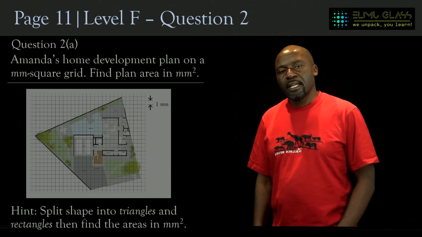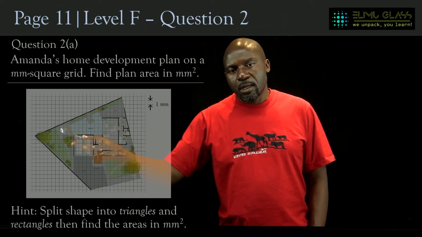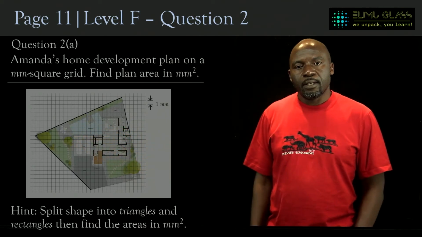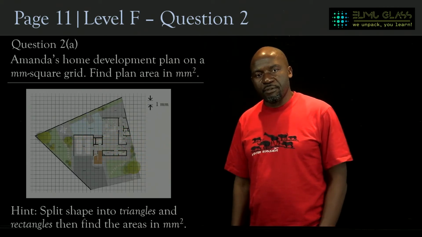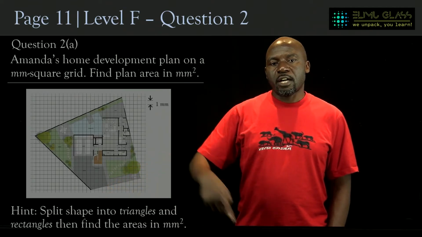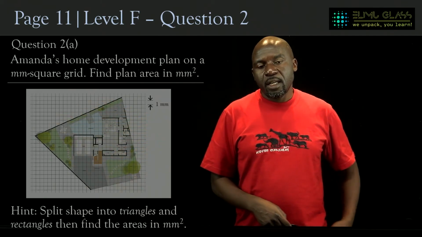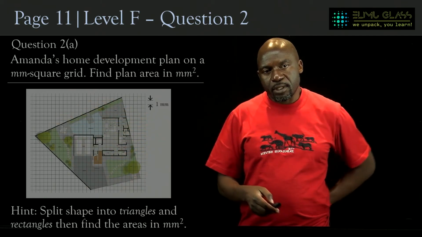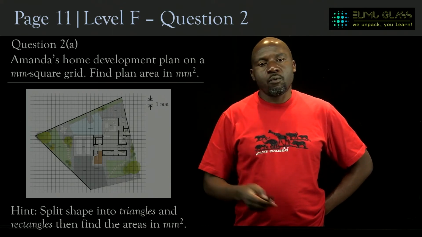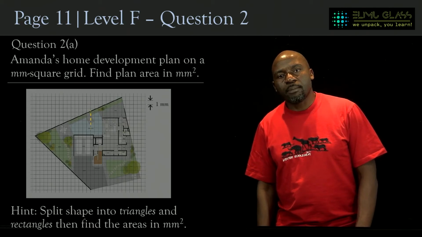And the hint is either you're going to count all the squares, which is not going to give you a very accurate answer. The better thing to do is to split this shape, the whole area, into triangles and rectangles. You can do it your own way, but I have given an example of what you might do. So I've split it up like this.